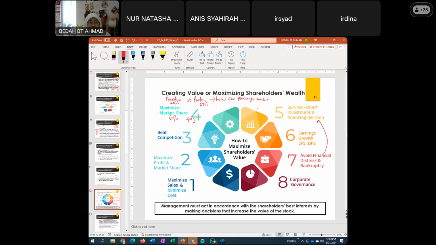Financial distress is basically when the company does not have enough money to meet its obligations, to service the debt, to pay the interest and the principal. If the company has financial distress and is unable to pay interest and principal, it will be exposed to bankruptcy. So directors and management need to avoid these matters from happening.